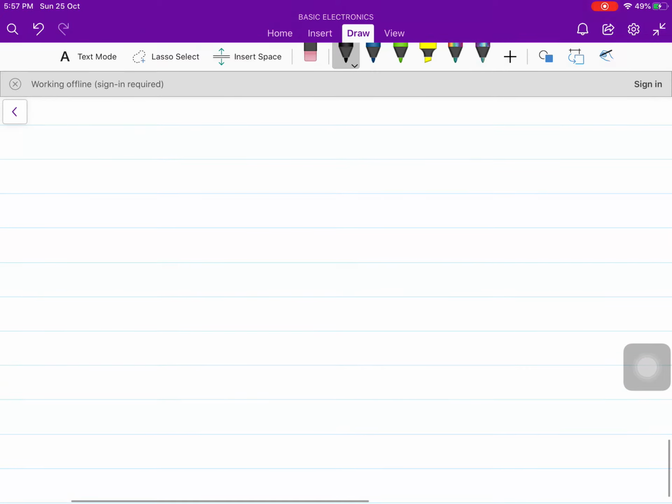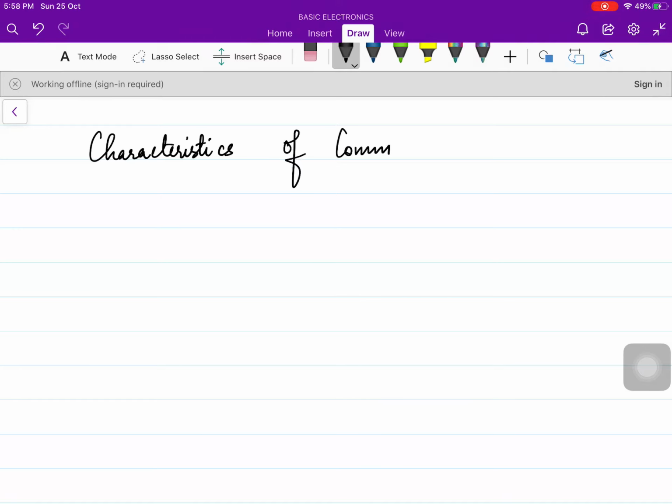Now let us move on to the characteristics of common emitter. As was the case of common base, here also we will be studying two characteristics. One is input and the other is output.